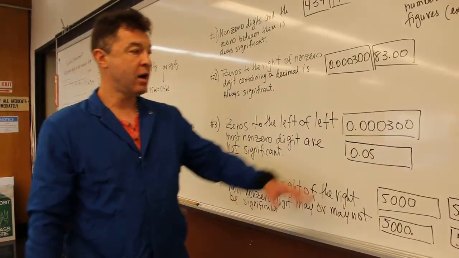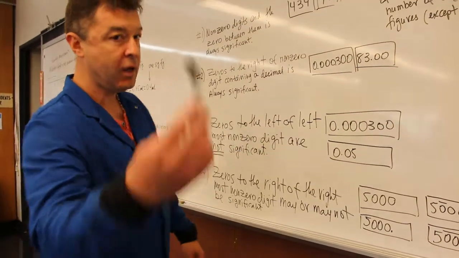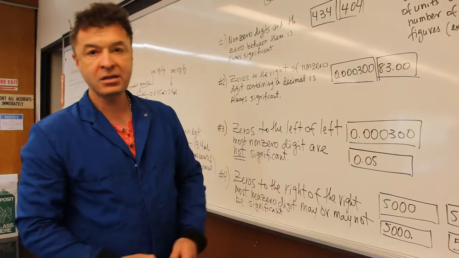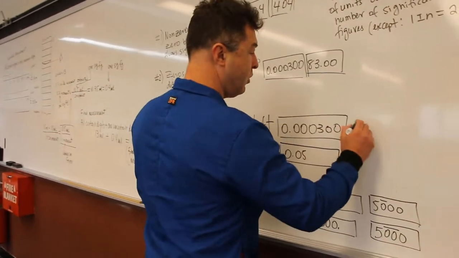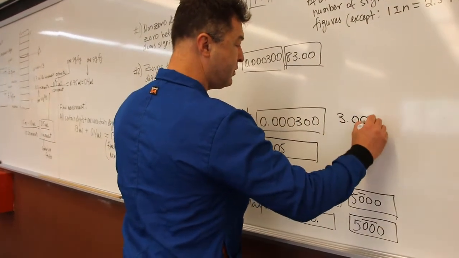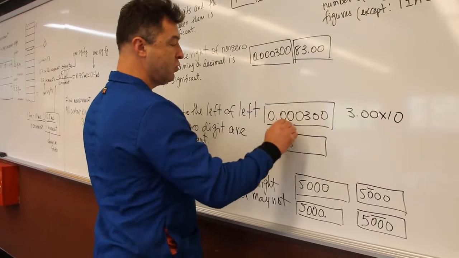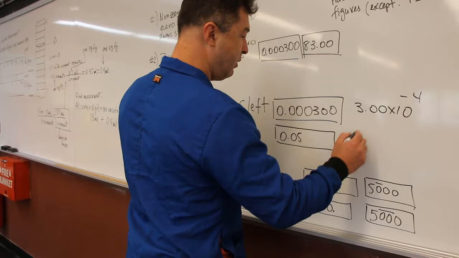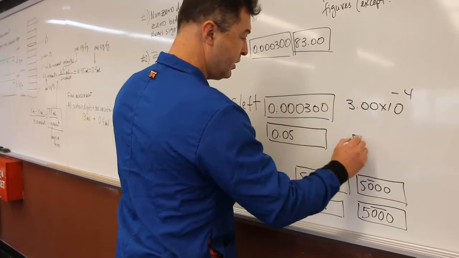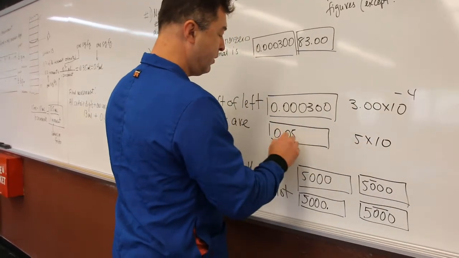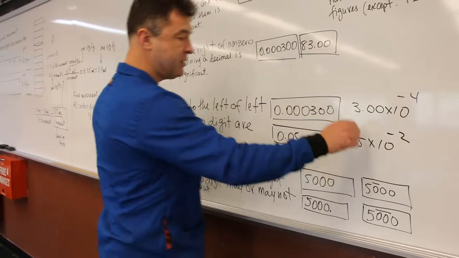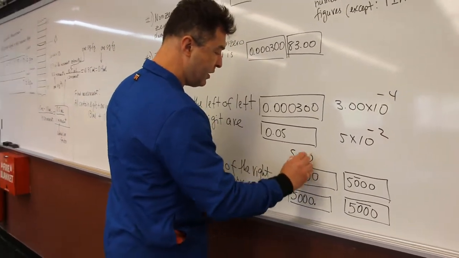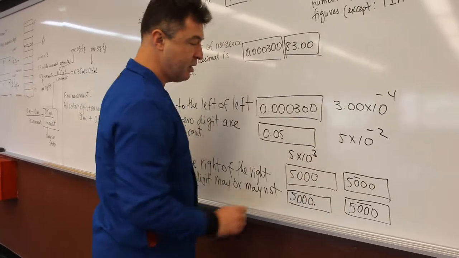All right, so now I decided, guys, to go back here, and now I got my marker and express these numbers in scientific notation. This number here will be, as I mentioned before, 3.00 times 10 to the negative 4, again 3 significant figures. This will be 5 times 10 to the negative 2, 1 significant digit. Here you will use 5 times 10 to the positive 3, 1 significant digit.